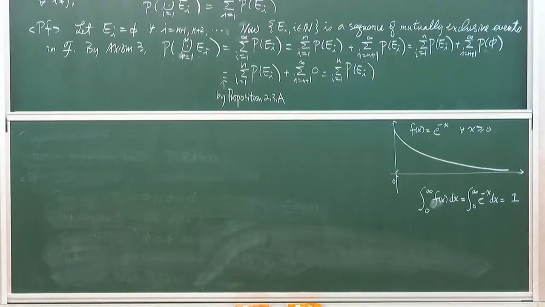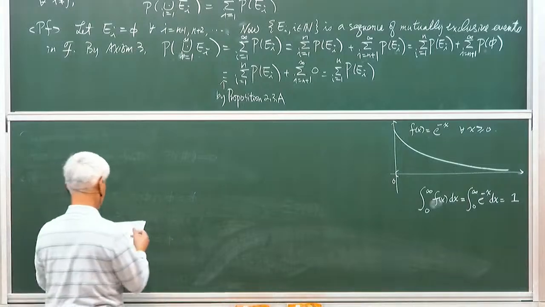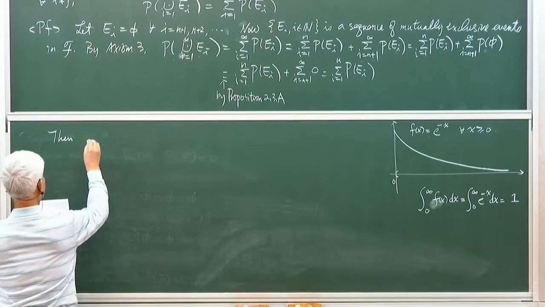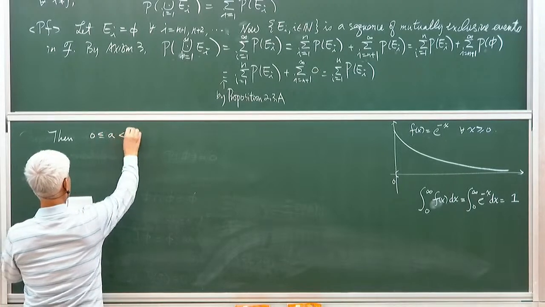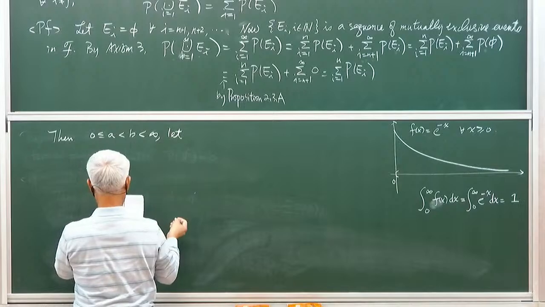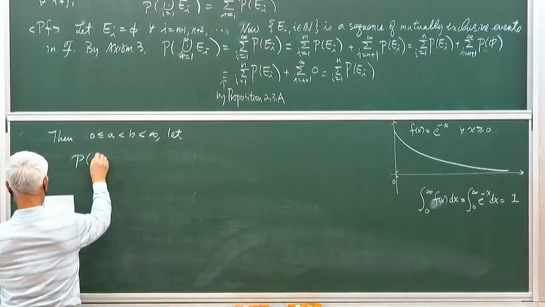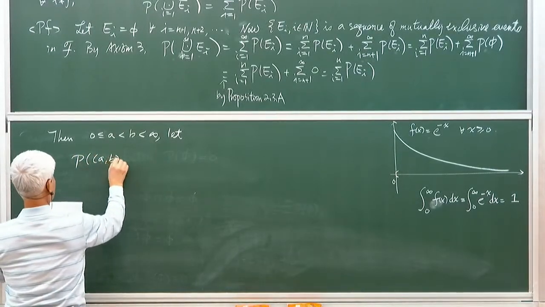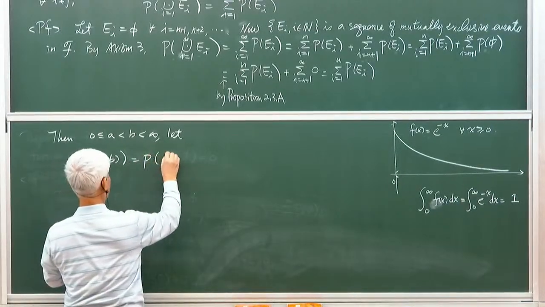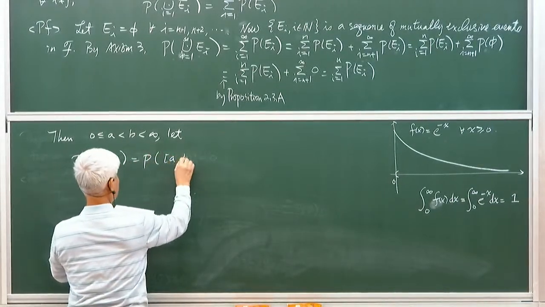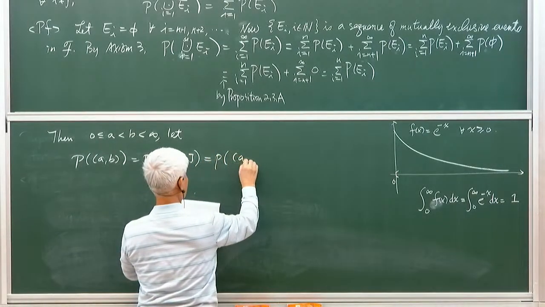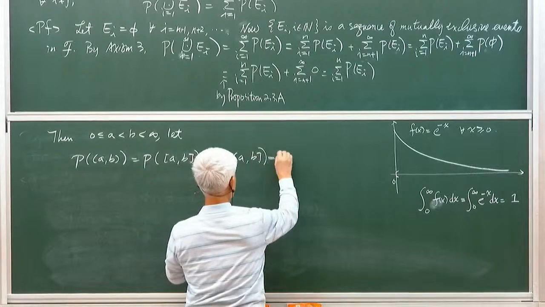And then for finite intervals, the probability of the open interval is equal to the probability of the closed interval is equal to the probability of the half open, half closed.